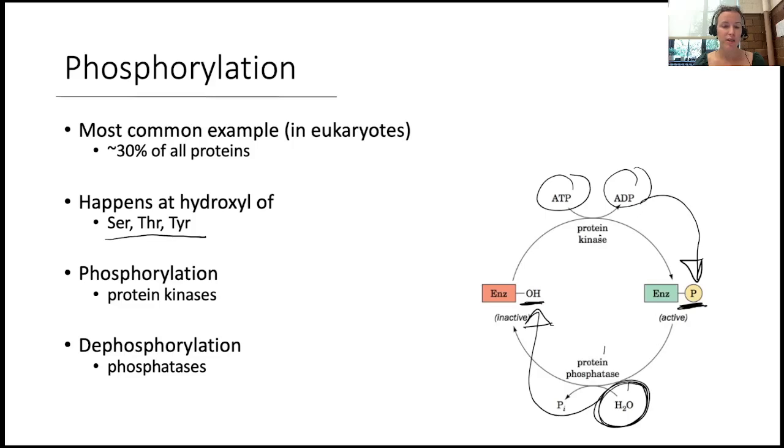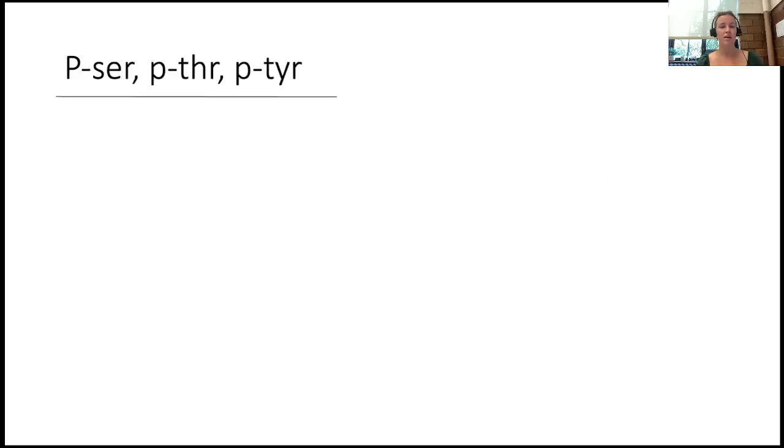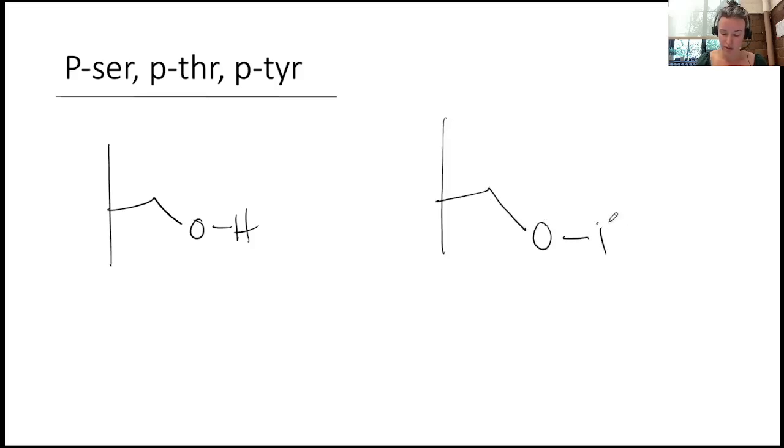And just to make this really clear, because it's kind of a picture on this slide, let's draw out what this might look like for serine, for example. So here's our good friend serine dephosphorylated. Now if we were to phosphorylate it, it would look like this.